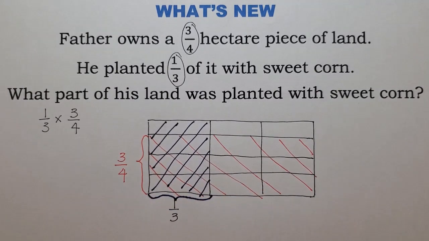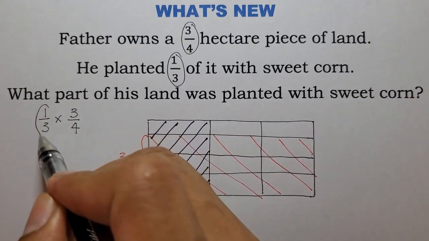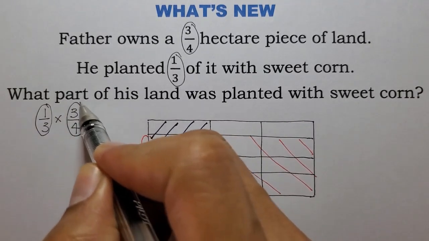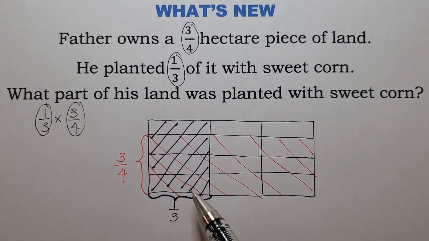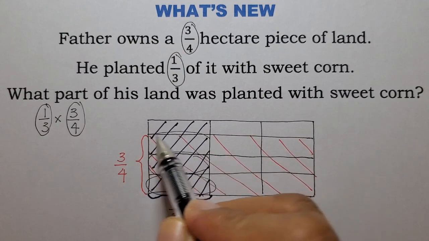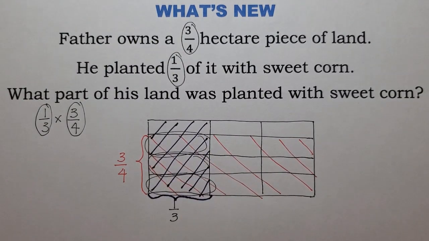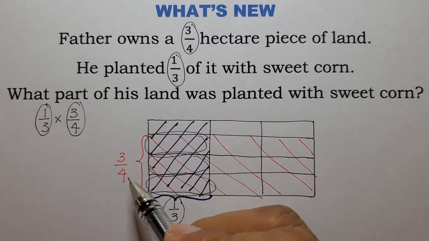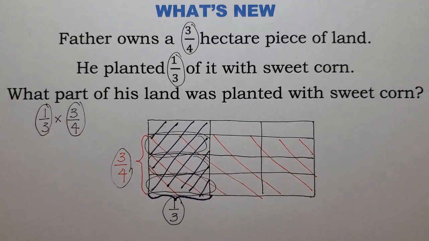Now, when we say 1/3 of 3/4, those are the regions shaded by both 1/3 and also shaded by 3/4. So the regions here, here, and here are shaded twice. It was shaded with 1/3 and of course shaded with 3/4.